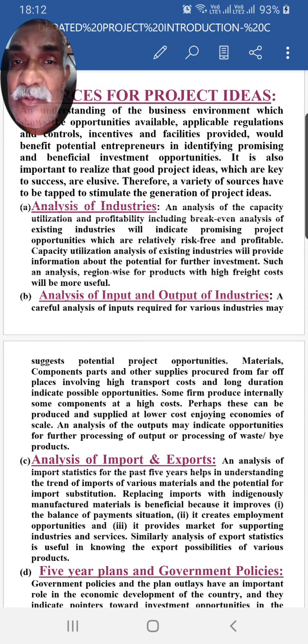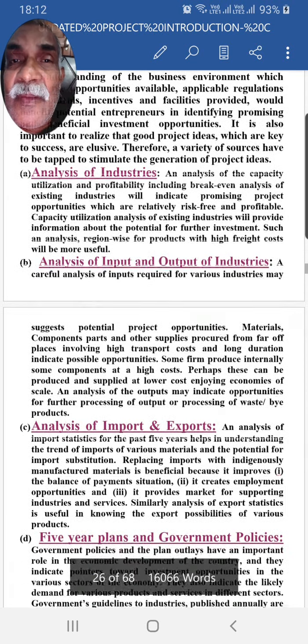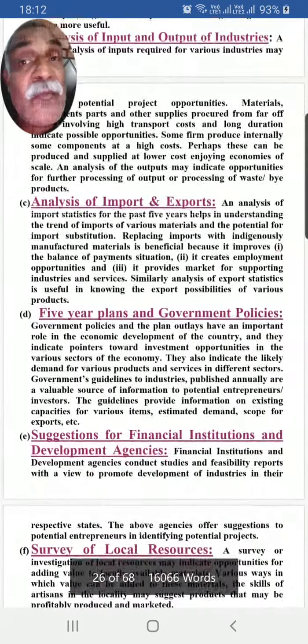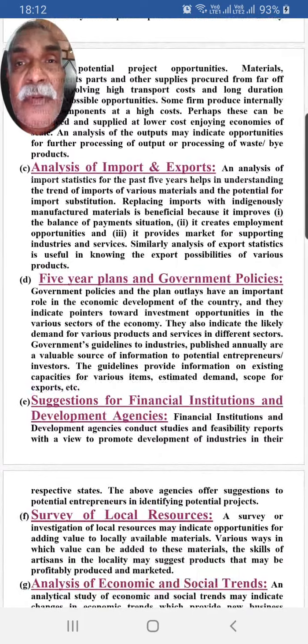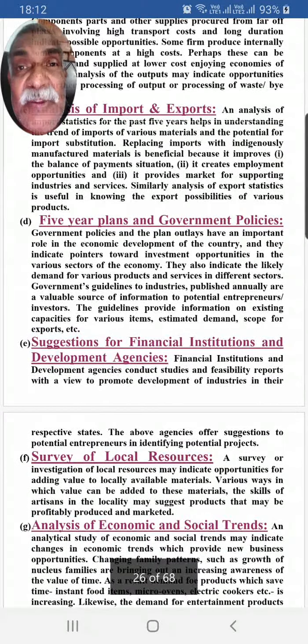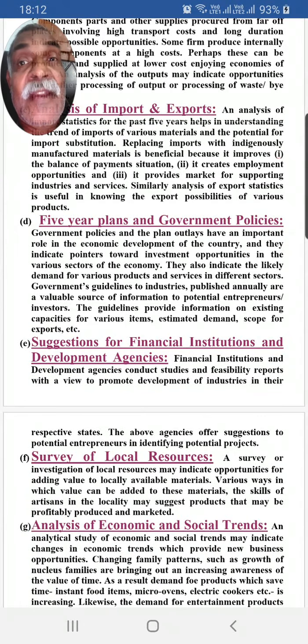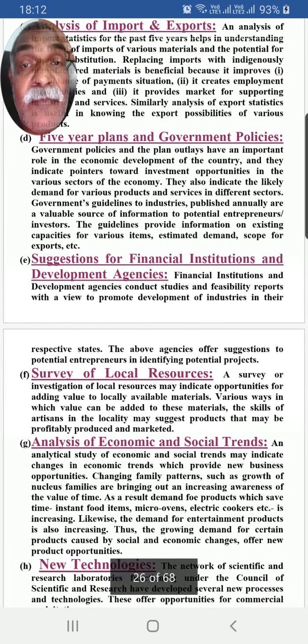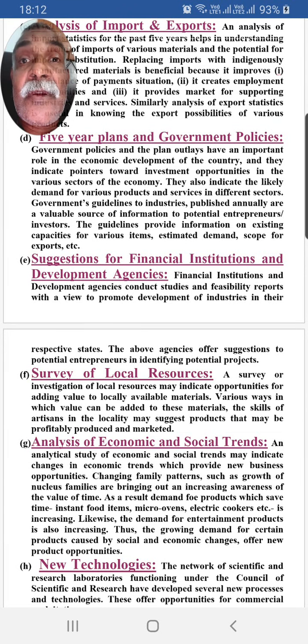Is that clear to all of you? You have to analyze the industry, the input and output of the industry, and the import and export aspects of the industry. You have to analyze the five year plans and the government policies by which you will get facilities.